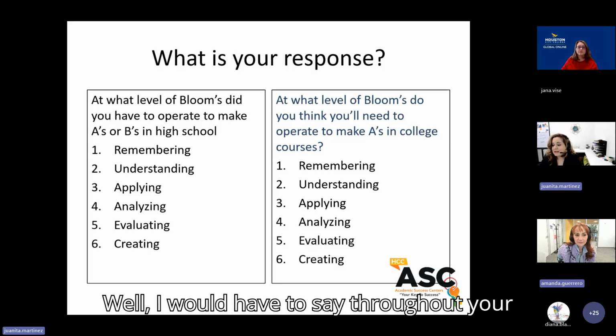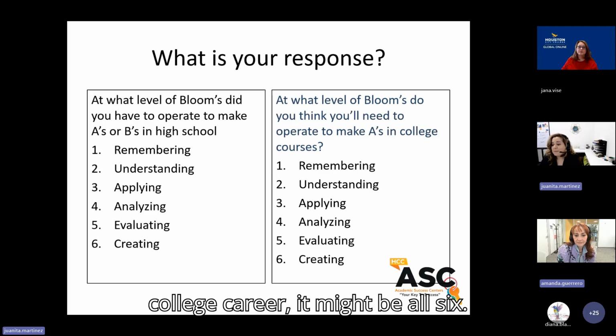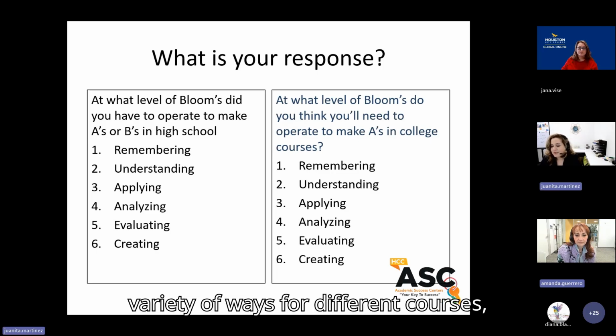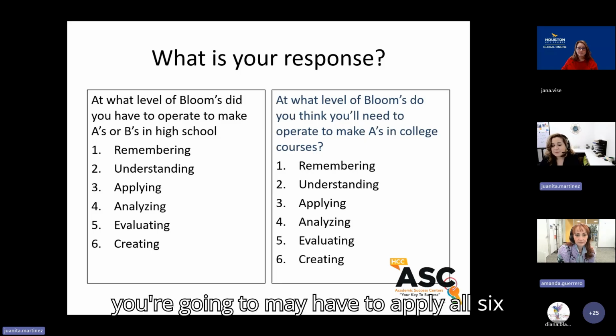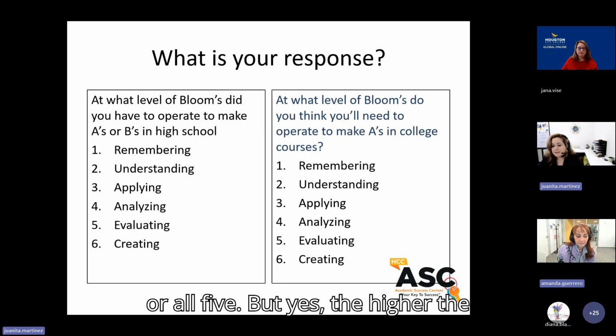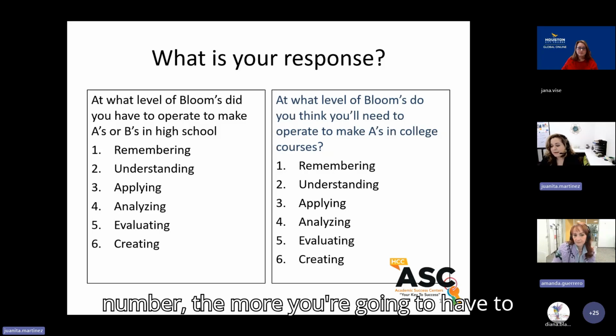Well, I would have to say throughout your college career, it might be all 6. Maybe not at the same time, but in a variety of ways for different courses, you may have to apply all 6 or all 5. But yes, the higher the number, the more you're going to have to apply.